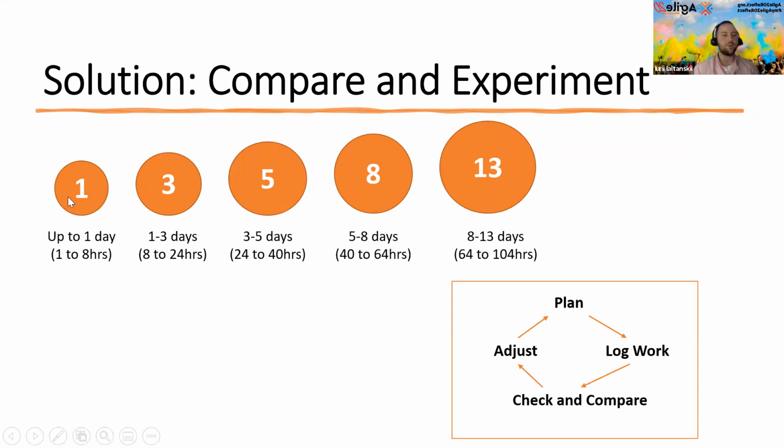In this case, 1 point is an item that would need us to work on it up to 1 day, so from 1 to 8 hours. 3 points would represent 1 to 3 days of work, which is 8 to 24 hours. 5 is 3 to 5 days and 24 to 40 hours. 8 is 5 to 8 days of work, 40 to 64 hours. And 13 points will represent 64 to 104 hours of work.